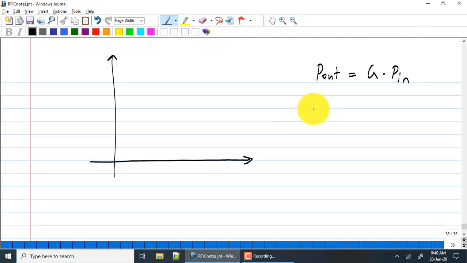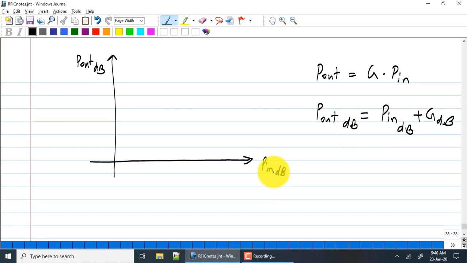If I write it in dB terms, now what I am going to do is plot P out in dB versus P in dB for a circuit.